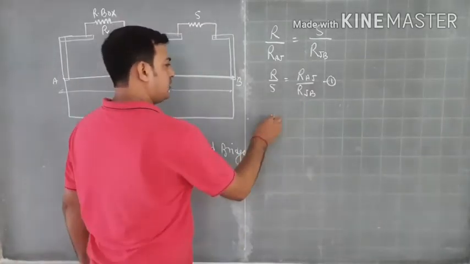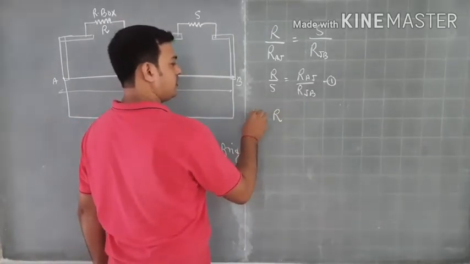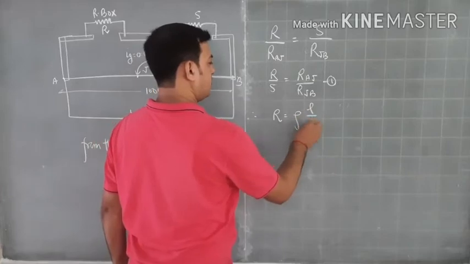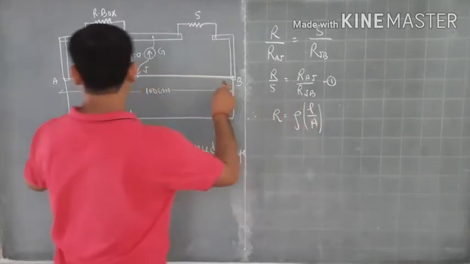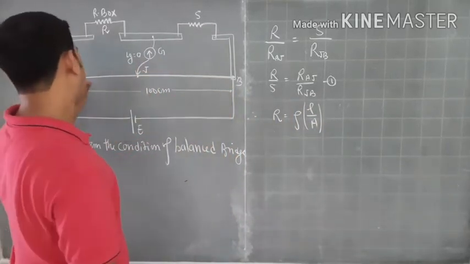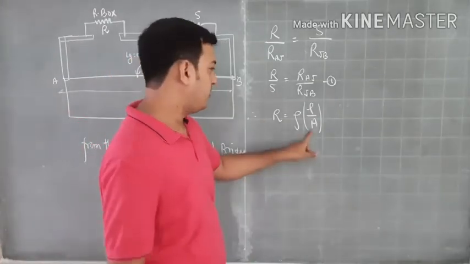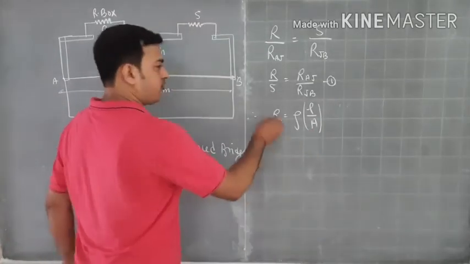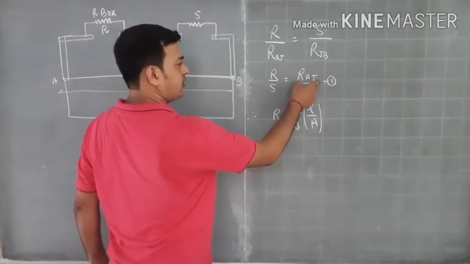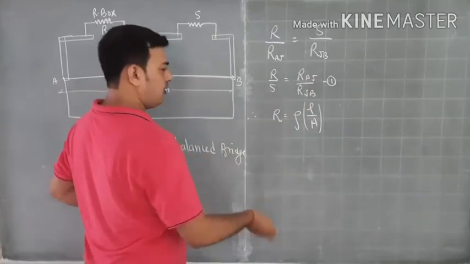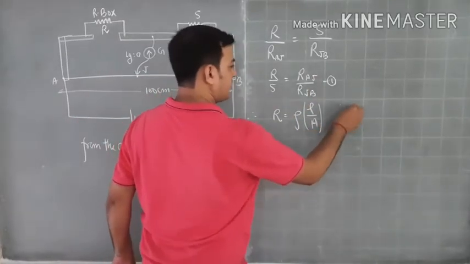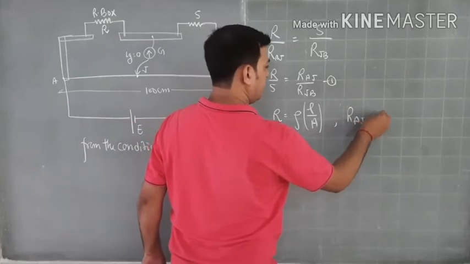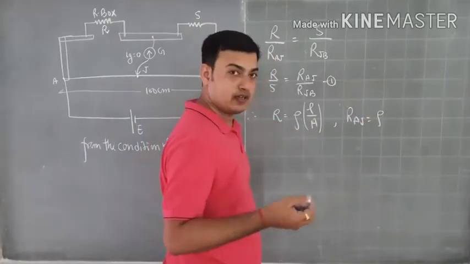And we know that the resistance of a wire is given by rho L by A. The cross section area is uniform, so A will remain constant. So from this formula I can calculate the resistance of both the parts of the wire. So I can write for part AJ, resistivity will remain constant.